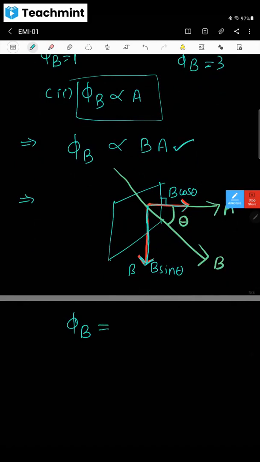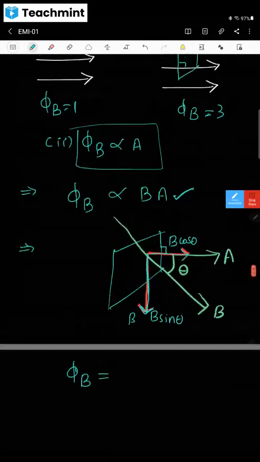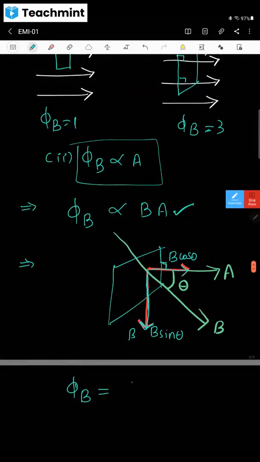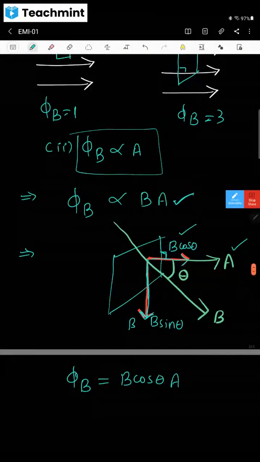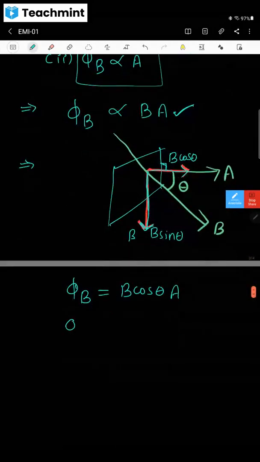The magnetic field perpendicular to the surface is B cos theta, and the area is A. So you have to multiply B cos theta and A. You should ignore B sin theta, because it is neither perpendicular nor passing through the surface. Once you multiply, you get the formula BA cos theta.